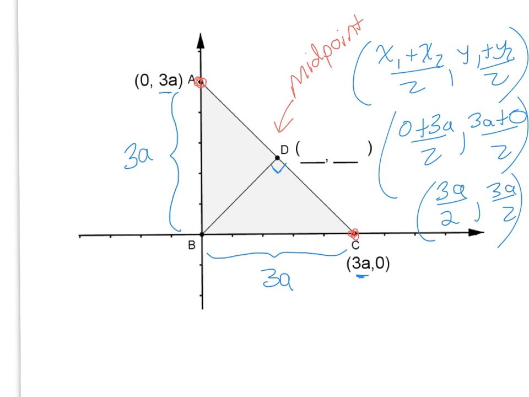But if you wanted to put 1 and 5/10, that would be fine too, if you like decimals. So this midpoint then is going to be located at 3 halves a, and that's the exact middle between A and C. So I'm going to draw AD congruent to DC.